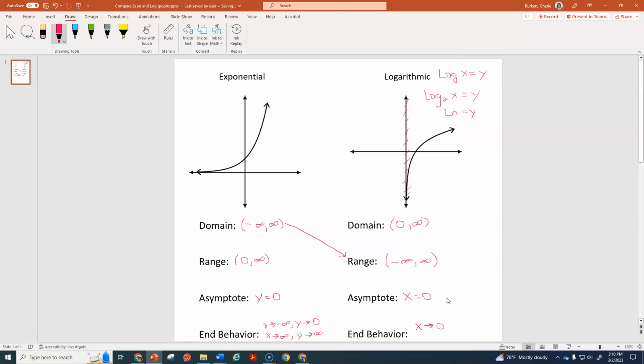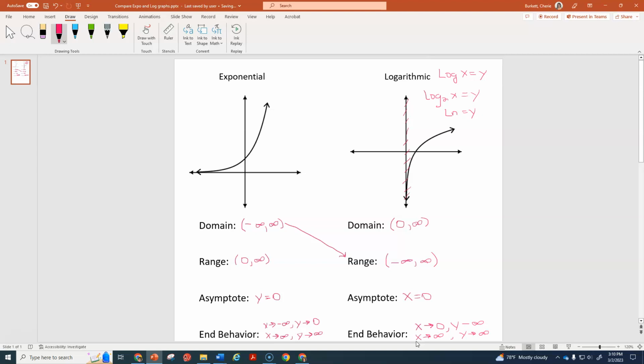My x value approaches the asymptote. And as my x value approaches the asymptote, my y value is going to negative infinity. But on the other side, my x value does go to the right forever. So on the right side, my y values are going up.